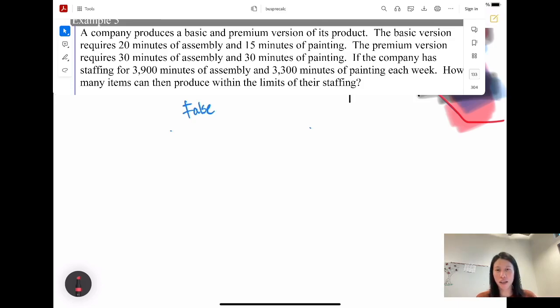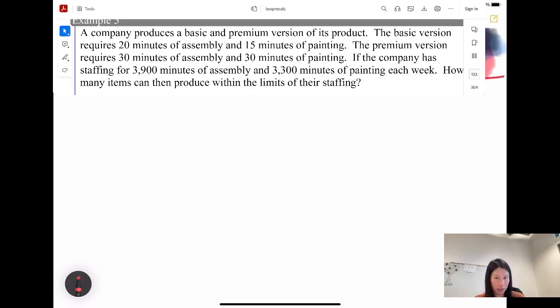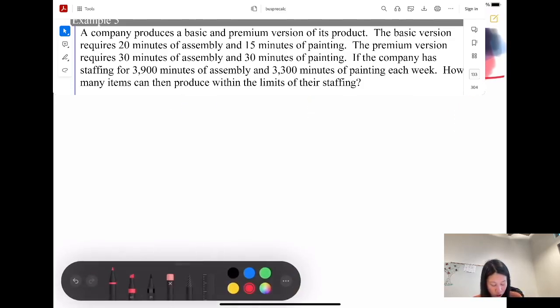If the company has staff for 3,900 minutes of assembling and 3,300 minutes of painting each week, how many items can they produce within the limit of their staffing? We had a similar example earlier in the video, right? But in this one we don't need to fully use the staffed time. They just ask what would be within the limit. So the way to set up the question would be the same.